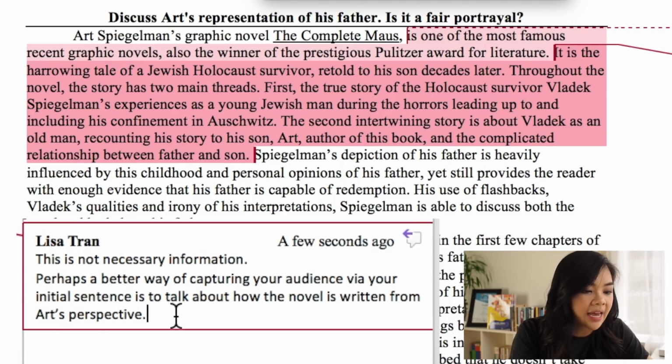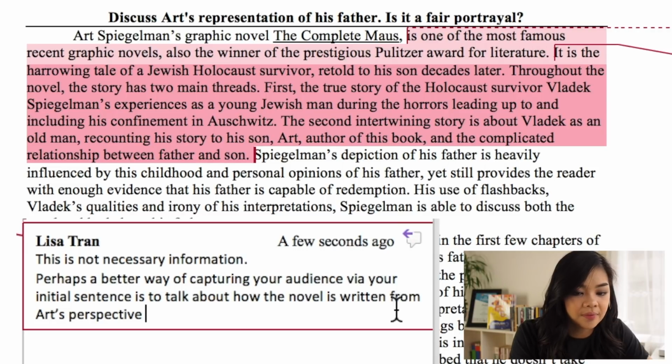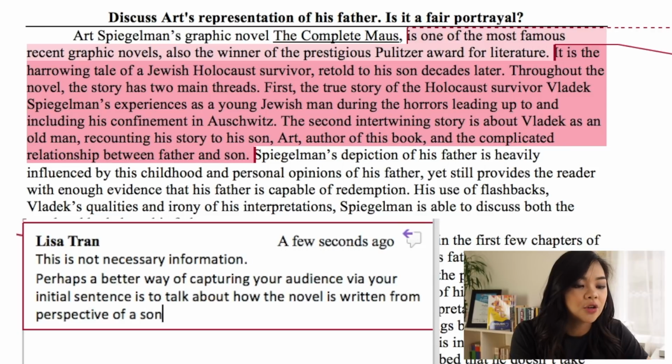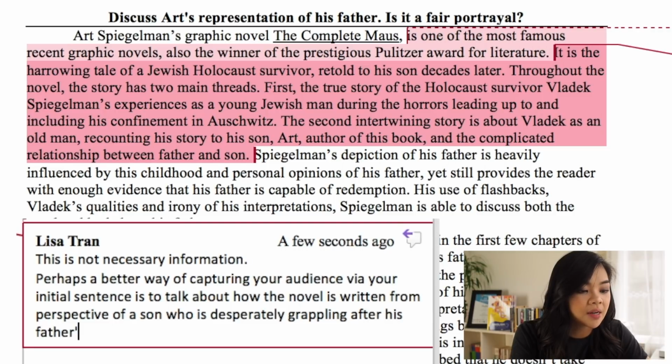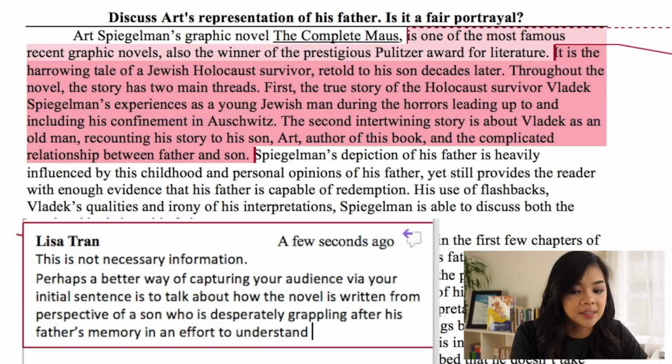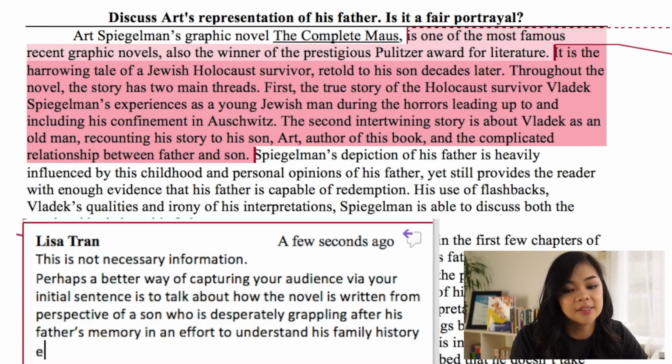So I might add here perspective, I might actually change this and say perspective of a son, so that's Art, who is desperately grappling after his father's memory in an effort to understand his family history, which is the Holocaust, etc.